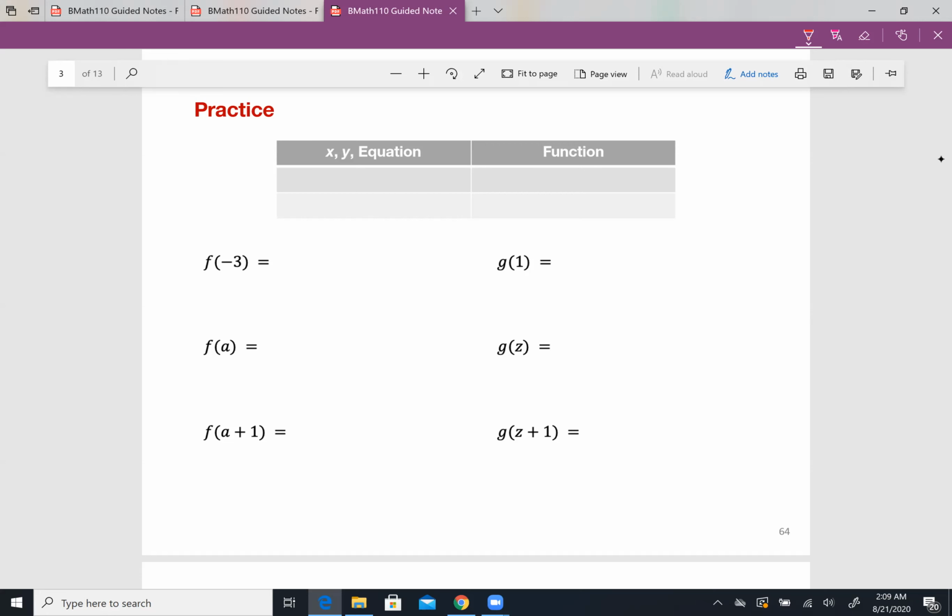For the first equation, it is y, because we are using y here. It's going to be y equal to 2 times x minus 1. That is the function as above, and that's going to be noted as f of x equal to 2x minus 1.